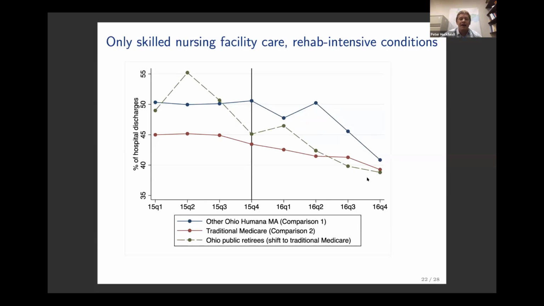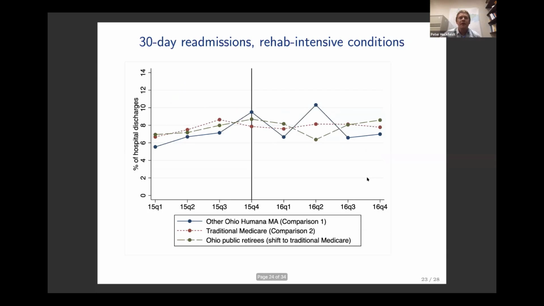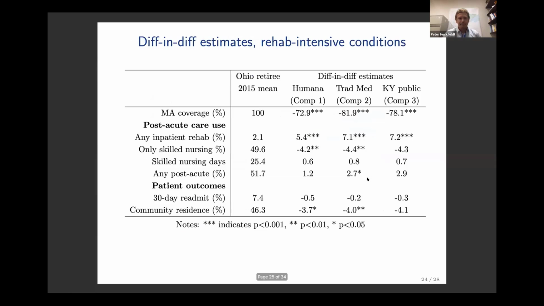And for Ohio public retirees, it's a little messier than the first graph, but still, they're more comparable to Medicare Advantage in the pre-period and more comparable to traditional Medicare after the policy change. But when we look at 30-day readmissions, the three groups are almost identical over the entire period. There's really no clear evidence that this changed after the policy change.